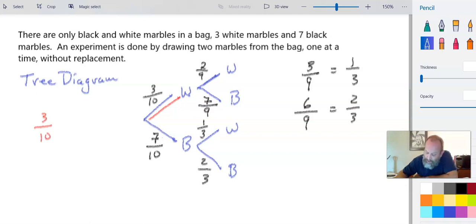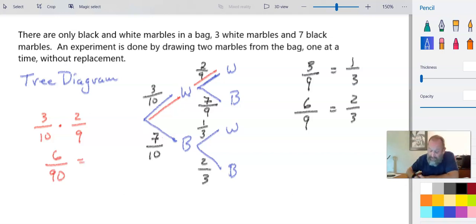And if I go from white marble to the second white marble, I multiply that by 2/9. So the probabilities that I've written on the edges of that path are the ones that I multiplied together. And so looking at this would give me 6/90 if I multiplied those two fractions out.